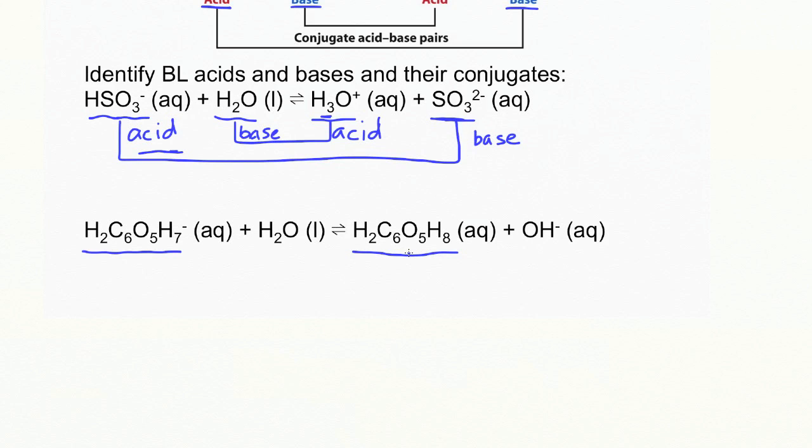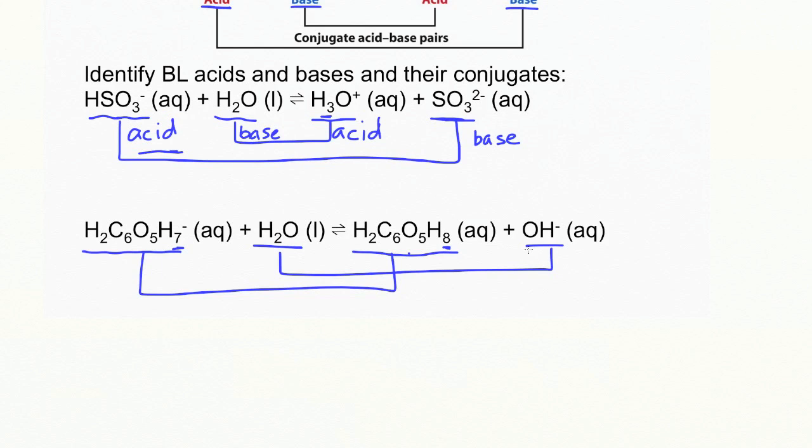This formula has 1 more proton than this one here, so it looks like this should be a pair. Water on the reactant side is H2O, on the product side OH minus. Again, the only difference is 1 proton, so water and hydroxide is a pair.